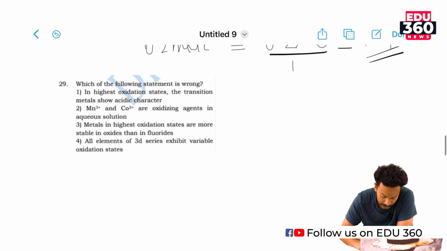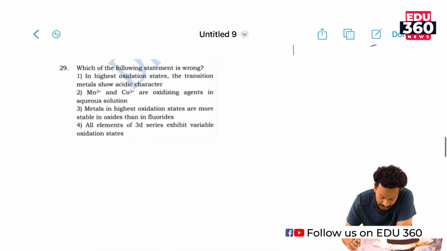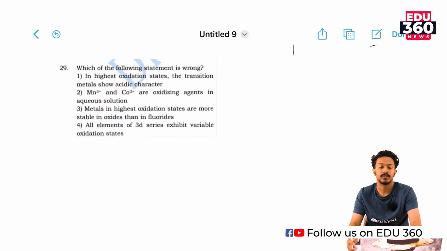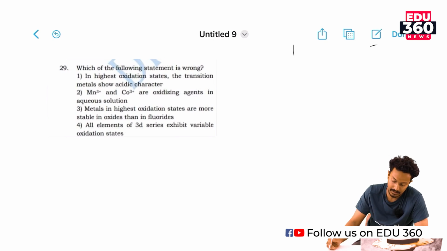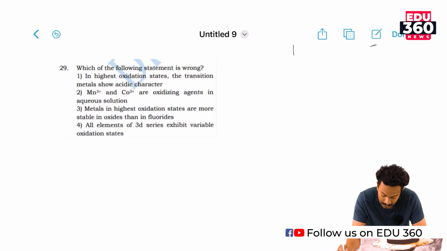Our next question, which of the following statements is wrong? Okay, in highest oxidation states the transition metal shows acidic character. This is the first statement in this question. Second one is Mn3+ and Co3+ are oxidizing agents in aqueous solution. Okay, and metals in highest oxidation states are more stable in oxides than fluorides.